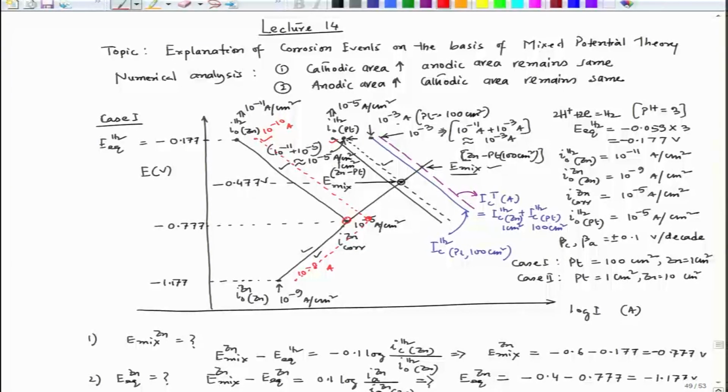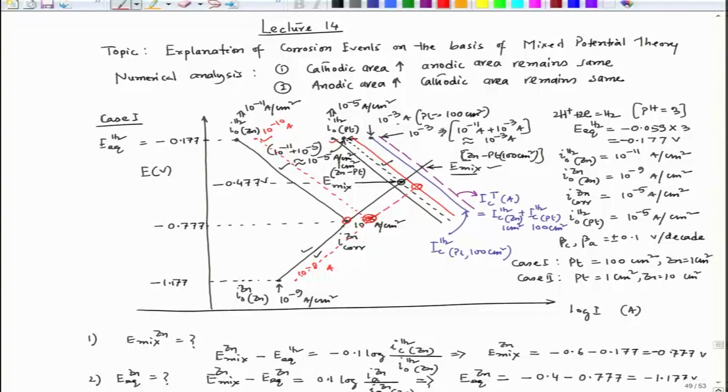So, this will shift a little bit on the right side, and we have to continue that 10 centimeter square line to this. So, now we are getting new points, this and this.